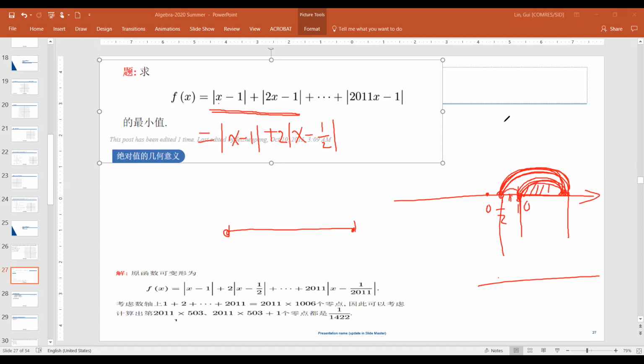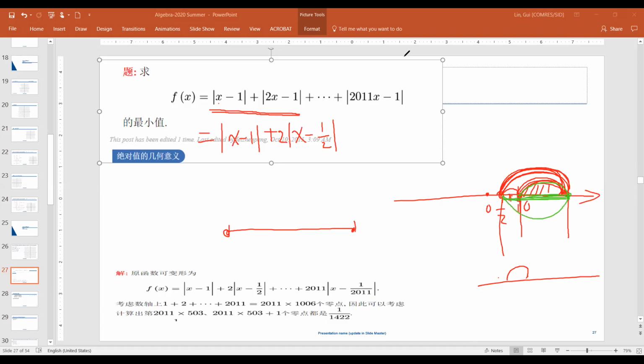The distance to here becomes half, right? Let me change to a different color to explain this. If the dot is right here, the distance from here is this part, and the distance from here is this part.